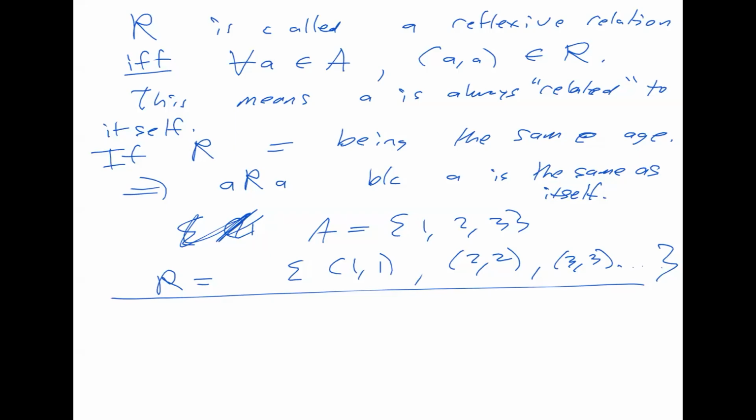Because everybody would always have the same hobbies as themselves. Yep. Right. It'd be kind of hard to define the rest of the relationship, but that part could be random, but having the same hobbies would be a reflexive relation.